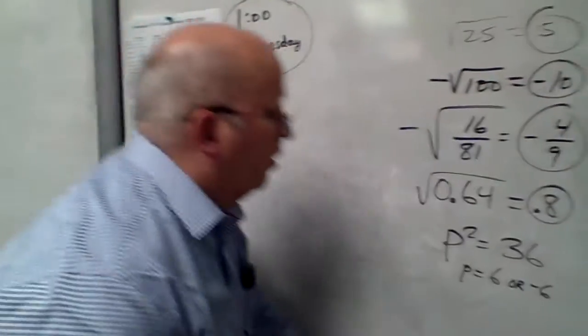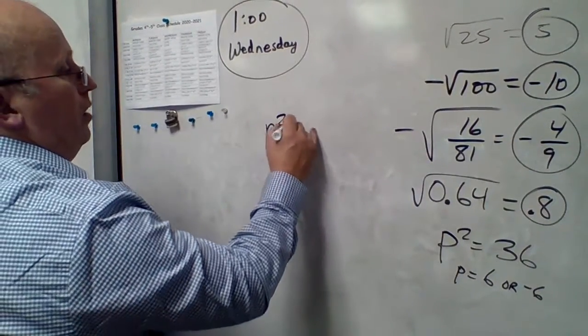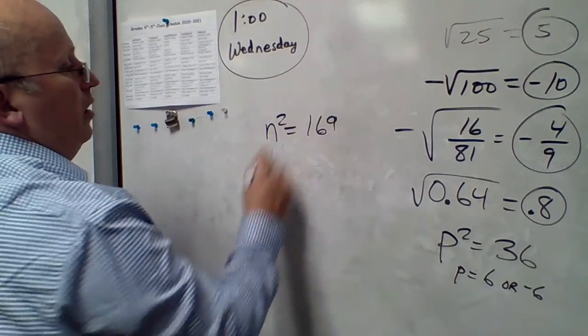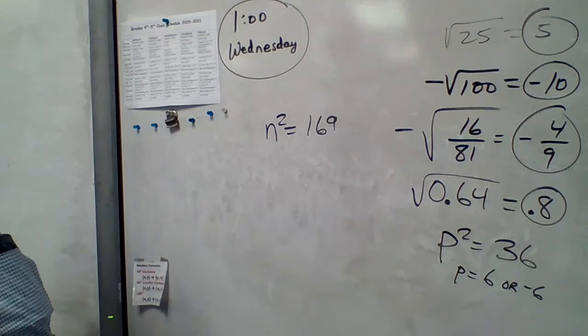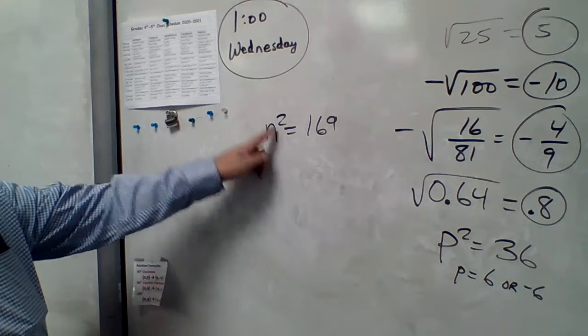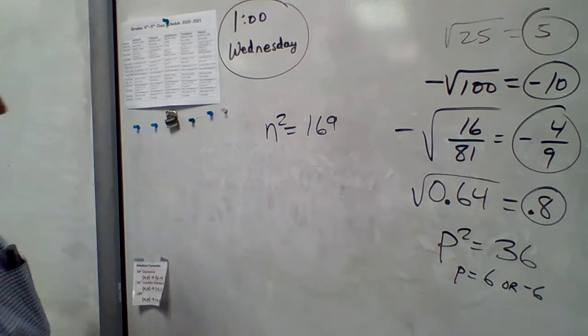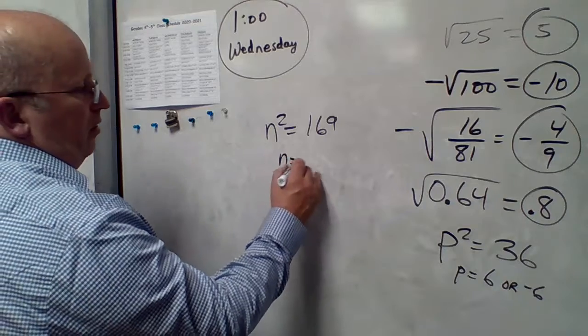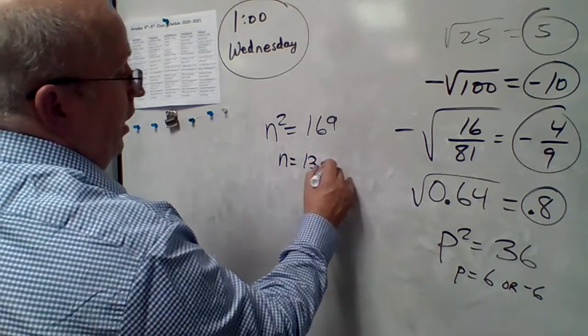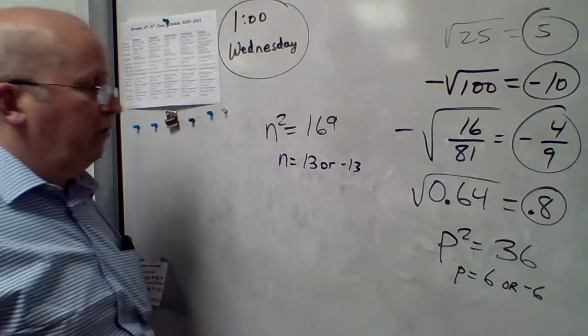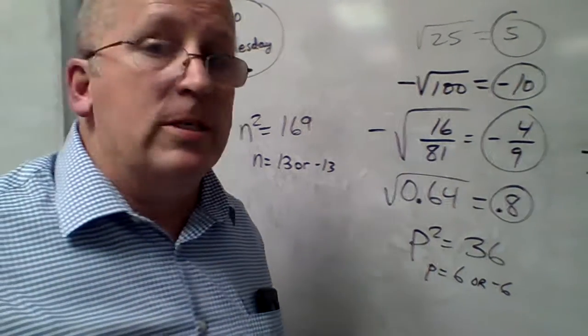N squared equals 169. Well, what number times itself gets you to 169? Isn't it 13? But there's a second answer. You could also write negative 13, because negative 13 times negative 13 is positive 169.